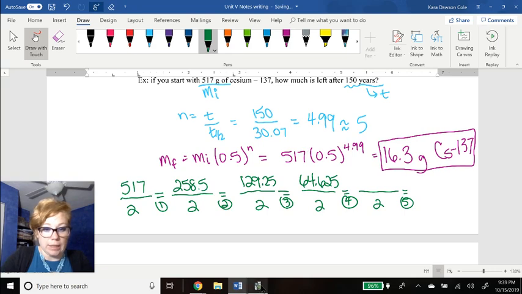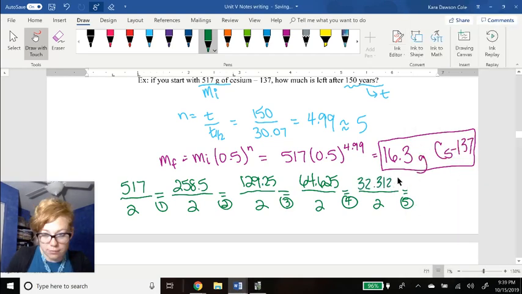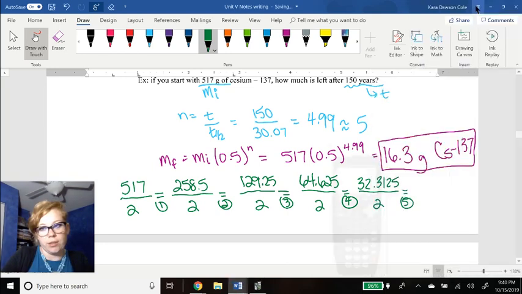And then divide again, and that gives me 32.3125. And then I could divide it by 2 for the 5th time, and it gives me 16.156, which is close enough to my answer. It gives me 16.2 grams, which is very similar.